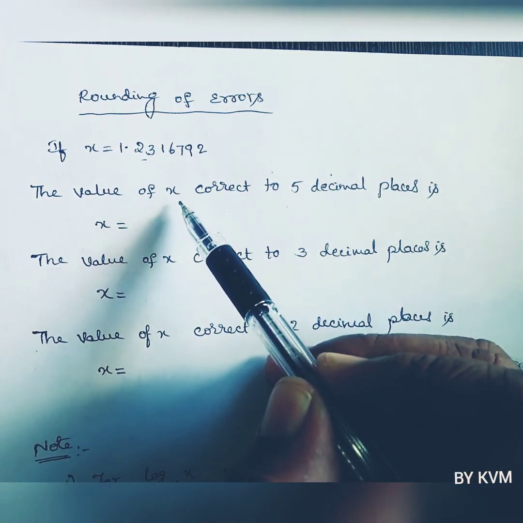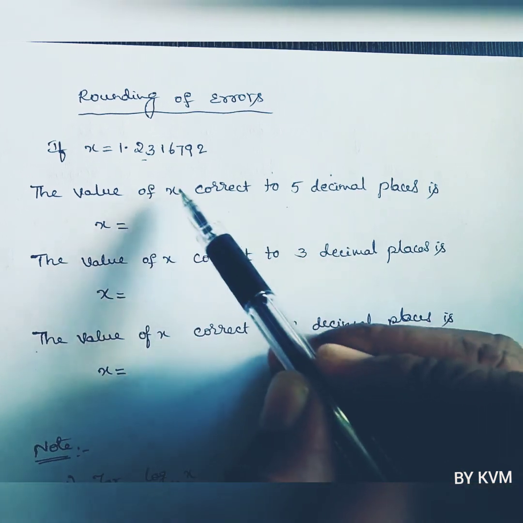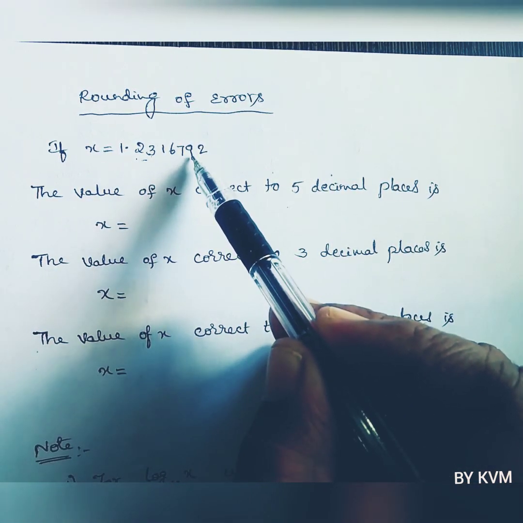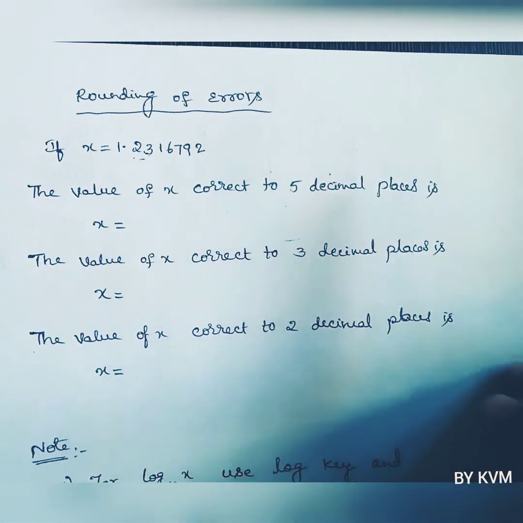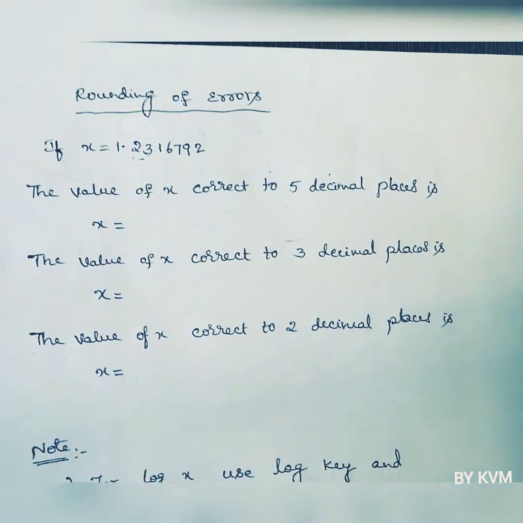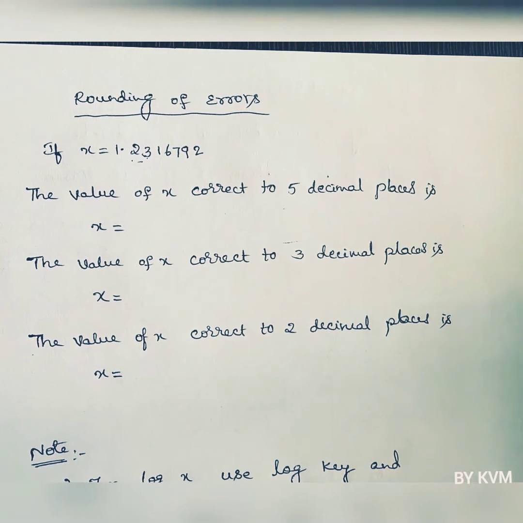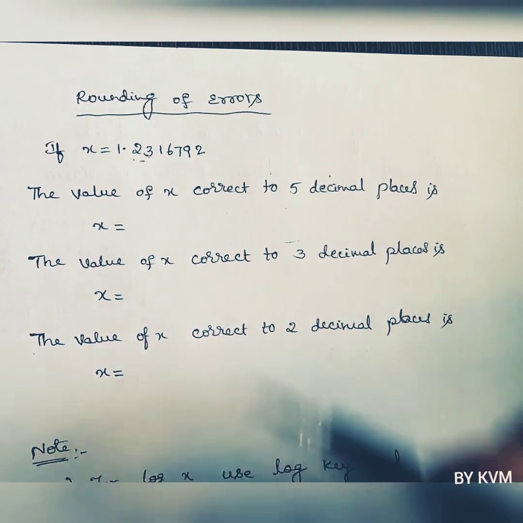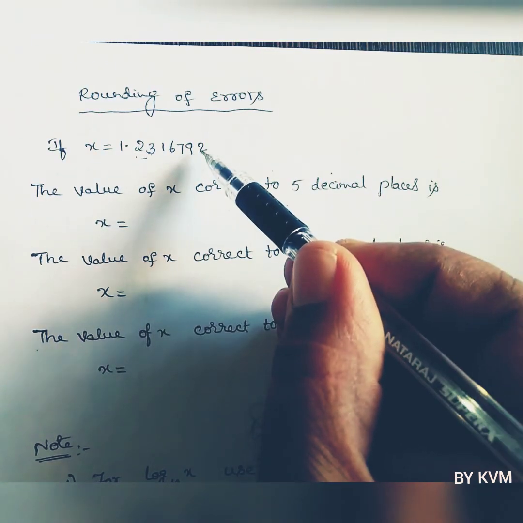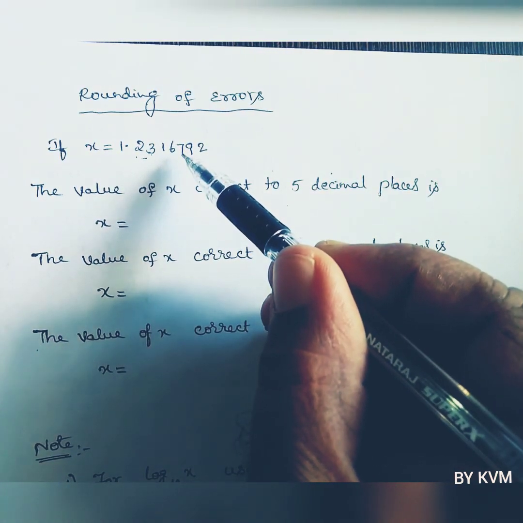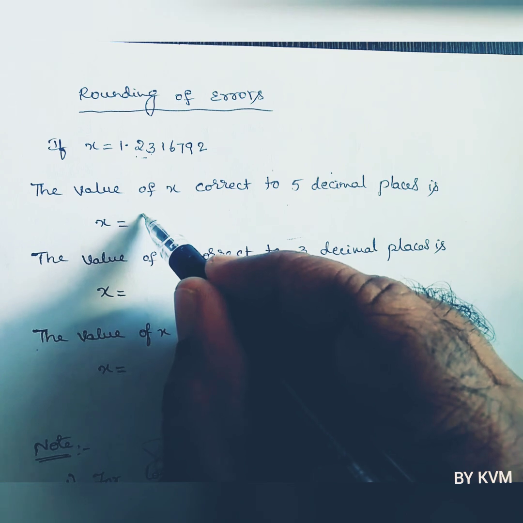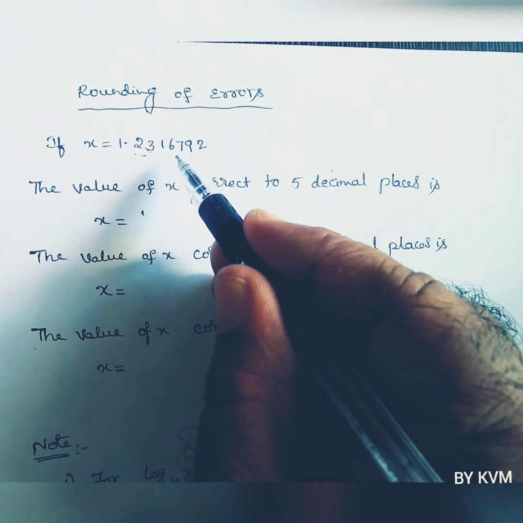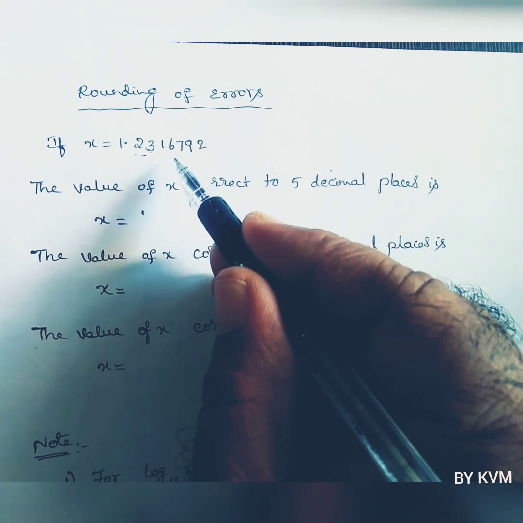In order to keep the value of x correct to 5 decimal places, we have to see the 6th position. In the 6th place we have 9, and in the 5th place we have 7. So in the 5th place we have to increase the number by 1.